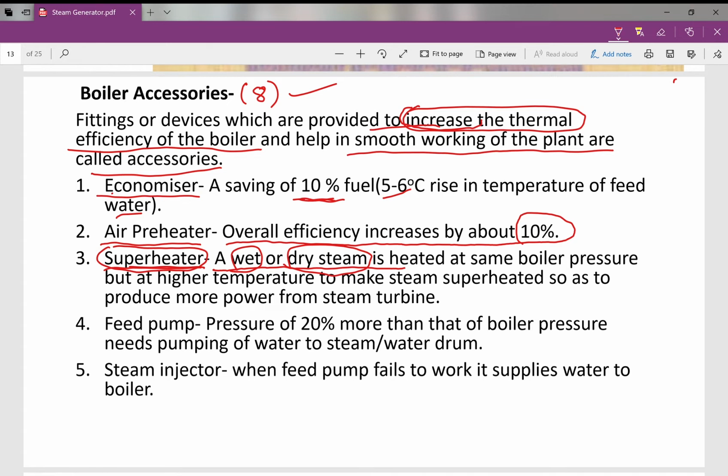So to get high quality steam having high enthalpy value, a superheater is provided.